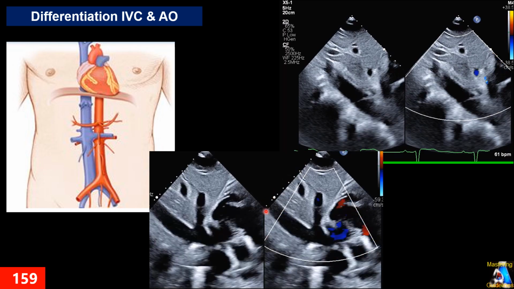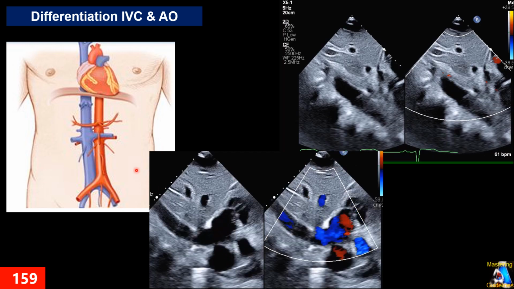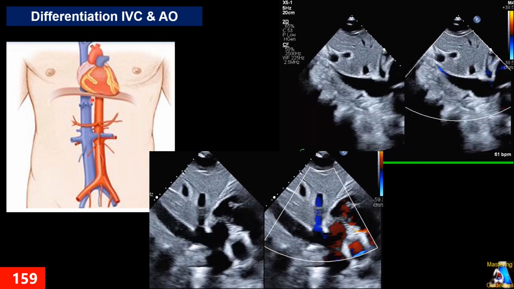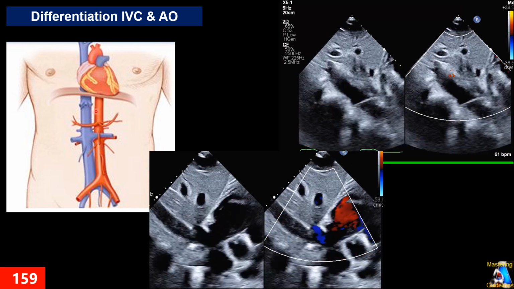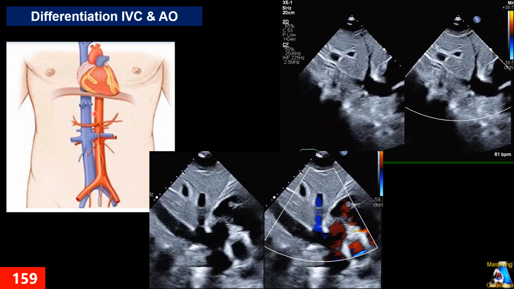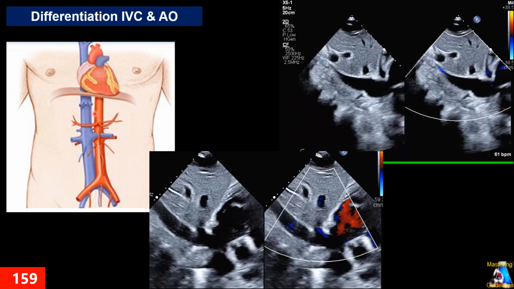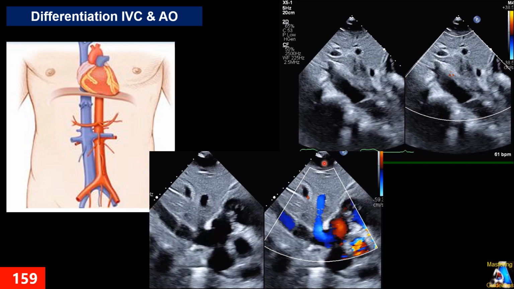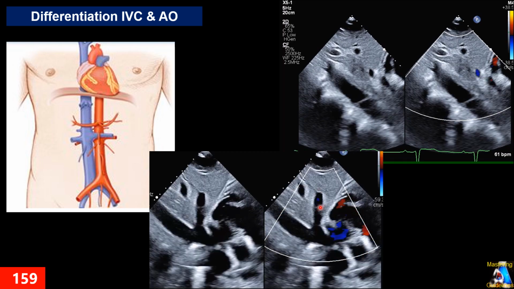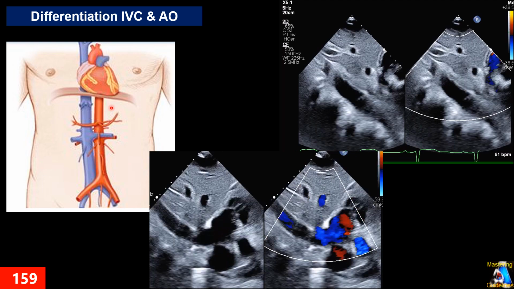The last tip that you can use is very easy. When you put the probe, you see the first vessel on the monitor. If you are still not sure because of the body habitus or anatomy of the patient, you cannot see the right atrium very well, you don't see the hepatic vein, all those things, it is still very easy.